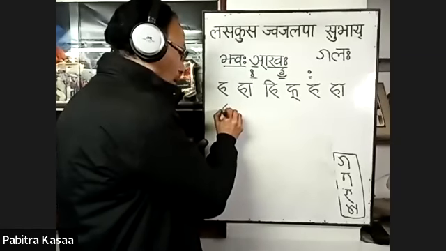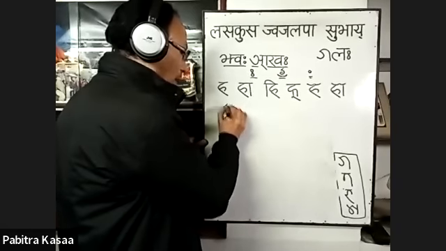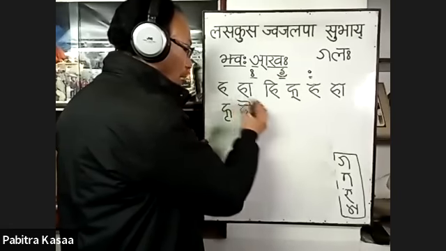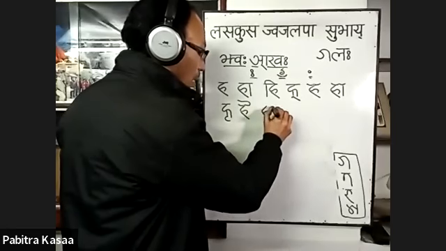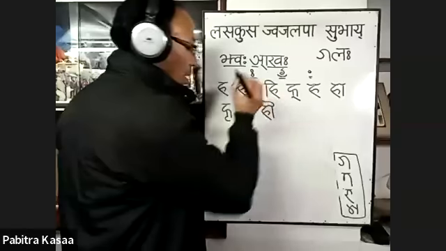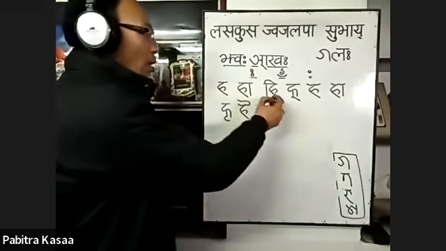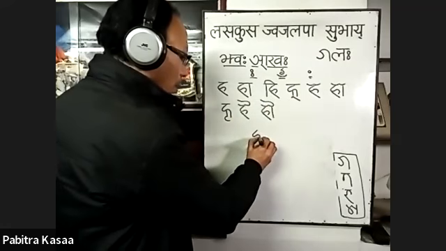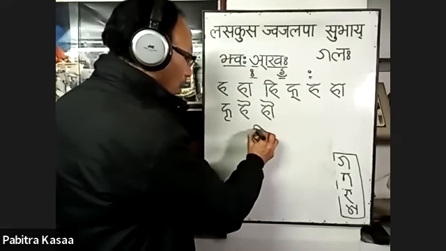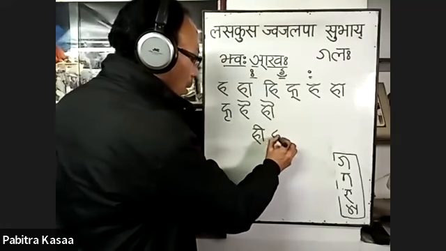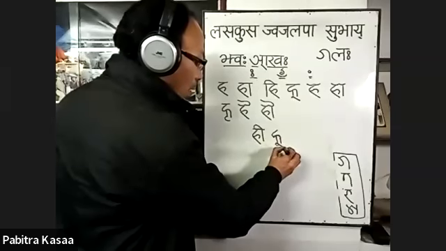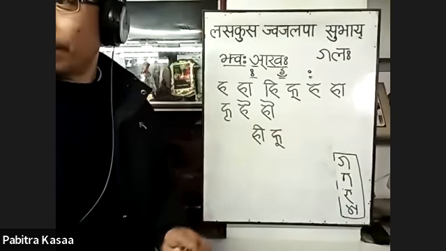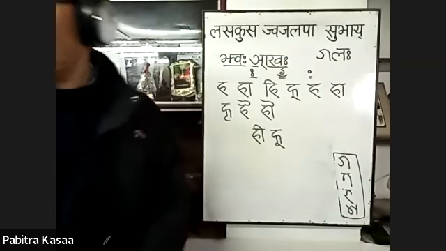And he. I. How. And the long sound of this and this is this and this is the he and who. Is it clear? Yes, sir.